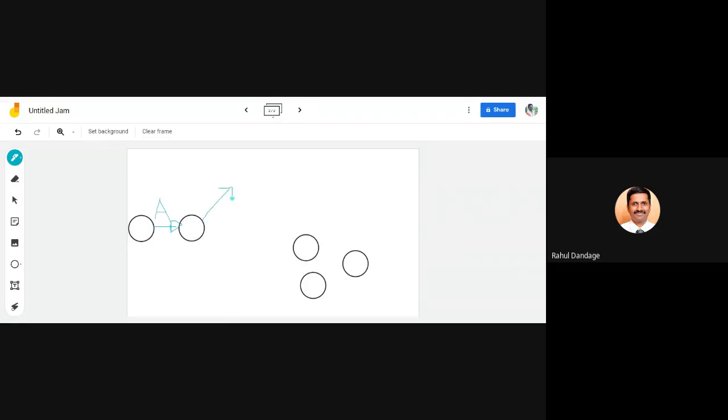This is my activity B and this should be my activity C, because B and C both are dependent on A. Once A is completed, B and C can work parallelly together because they are not dependent on each other. They are only dependent on activity A. If that is completed, the work is over.